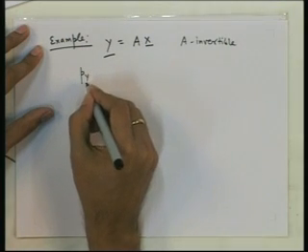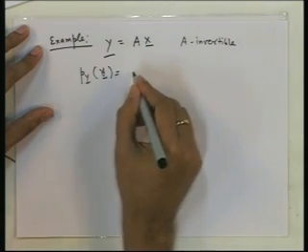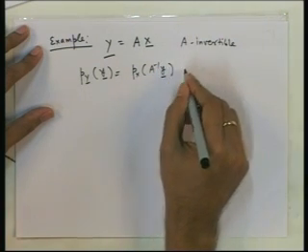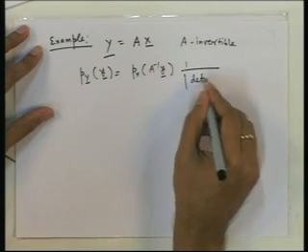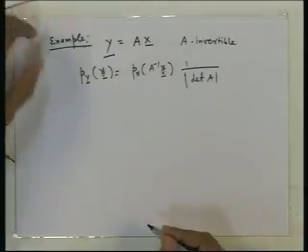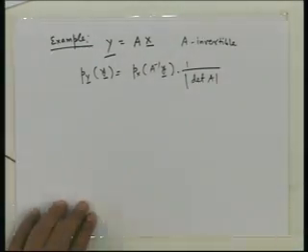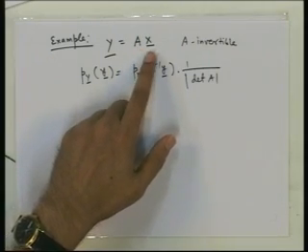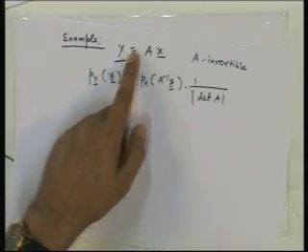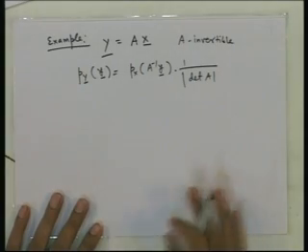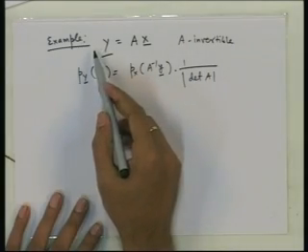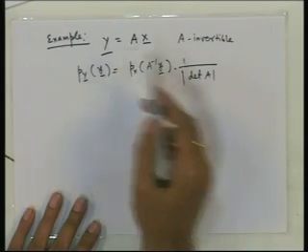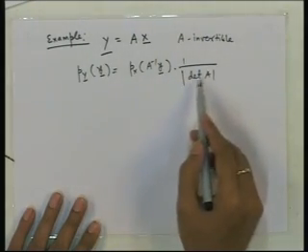Then P y at y is P x at A inverse y times 1 by determinant A. This is a very simple, nice formula, and one can check that this is what happens, because the inverse transformation is x equal to A inverse y, and the Jacobian of that transformation is just the determinant of A inverse. The determinant of A inverse is nothing but 1 by determinant of A.